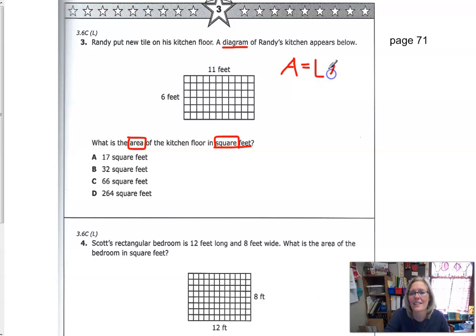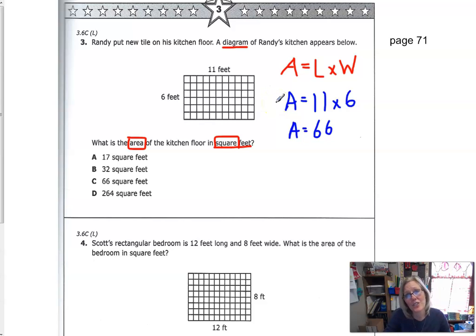Length times width. Now that you know the formula, I want you to find the area of Randy's kitchen floor. So pause the video, come right back, and see if our answers match. Okay, so pause right now.